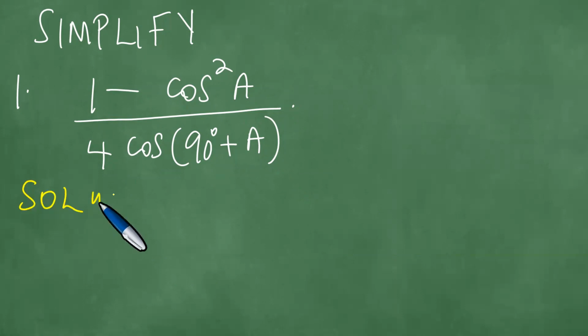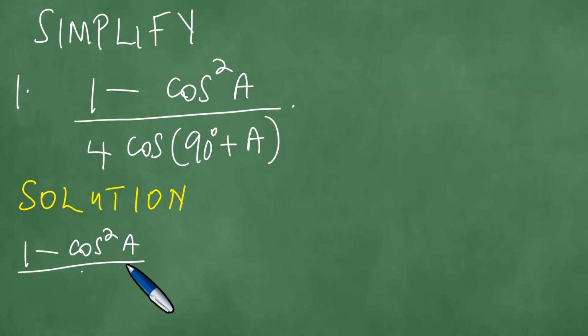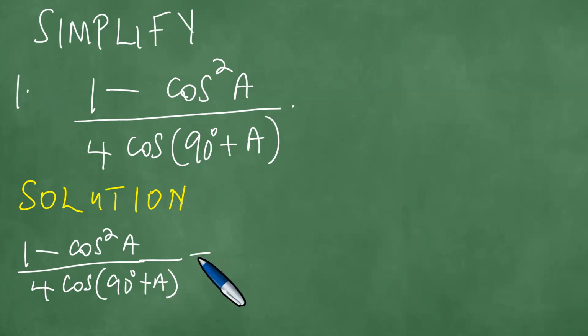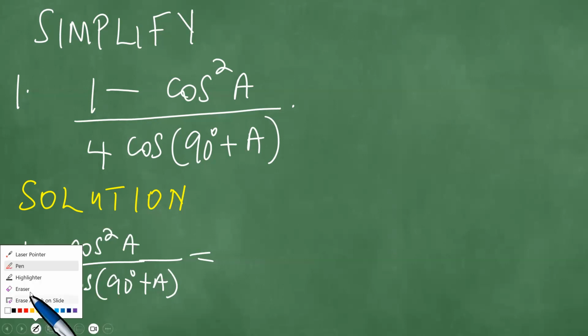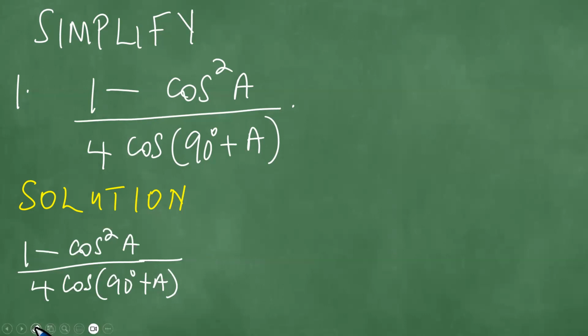Then the solution to this. What is the first step in simplifying this expression? What is 1 minus cosine squared a equal to as a trigonometric ratio of a? Anyone?